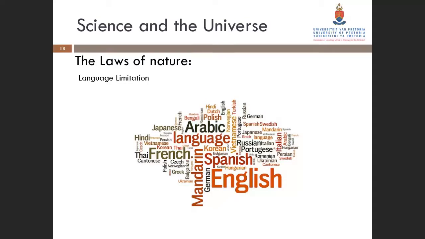I want you to think about it as a language, the language that the universe speaks to us. And the best way to understand a language and to learn a language is to practice it. So that's why you do all these math modules, to provide you with the knowledge to understand the language that the scientific world speaks.